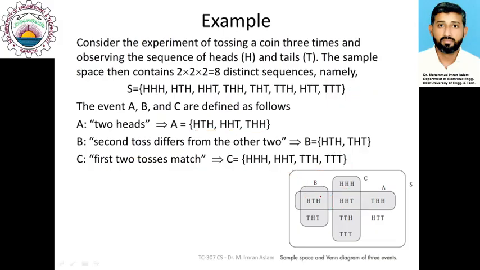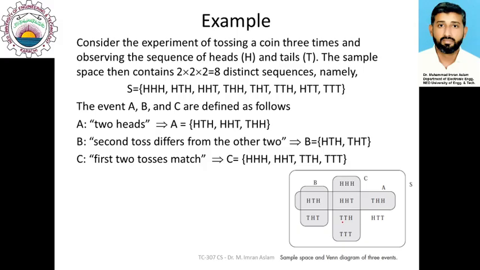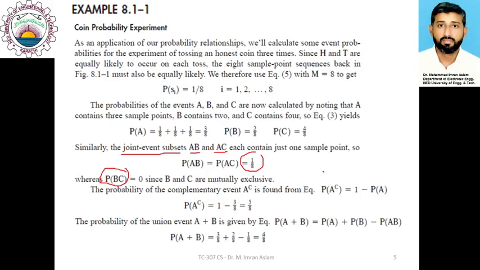So both intersections represent only one element, so the probability will be 1 by 8. Whereas the probability of B intersection C should come to be 0, because we have previously seen that B and C are mutually exclusive, they do not have any common element, so the probability of B intersection C should come out to be 0.